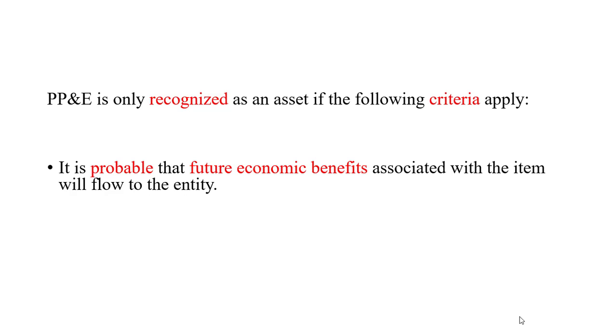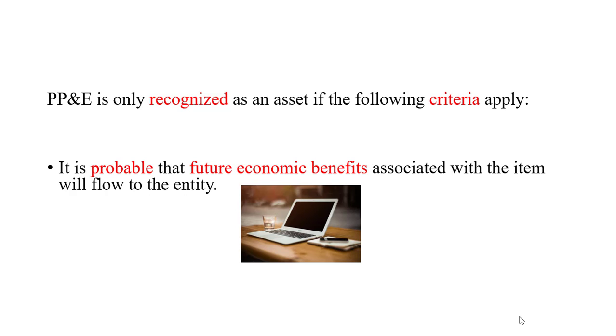For example, an office laptop does not necessarily produce any cash benefits, but it is used by the organization or the entity to carry out its day-to-day operations, which is essential to produce a product, to sell them, and to generate revenue out of them. So it helps in generating the cash indirectly. So an office laptop can be recognized as a PPE because it helps generate future economic benefits indirectly.